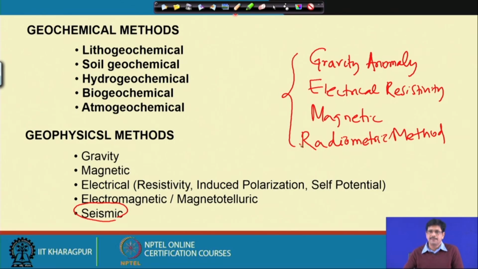And as I have said, a successful discovery of a mineral deposit eventually would have used both geochemical and geophysical methods, and when all the results are compiled or synthesized together, only then is the final inference on whether a deposit exists or not made, after the complete evaluation of all the data generated by these methods.